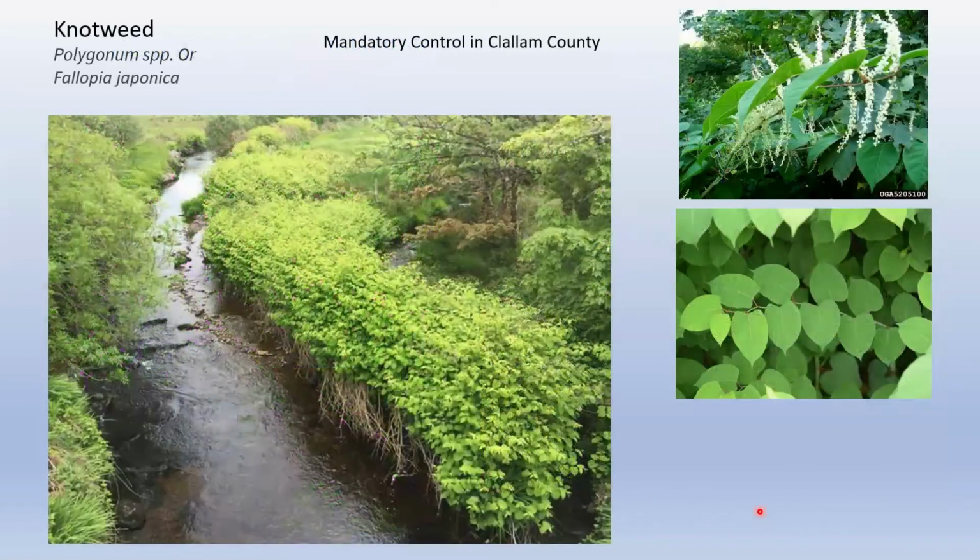And I have to mention Japanese knotweed, Polygonum species. There's 3 or 4 species of knotweed, or I think the botanical name has changed to Fallopia japonica. It's hard to keep up with the Latin names as they do keep changing. But this one is mandatory control in Clallam County, and you find it along riverbanks.